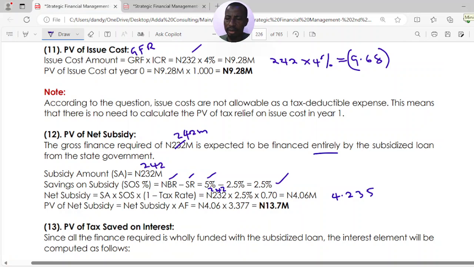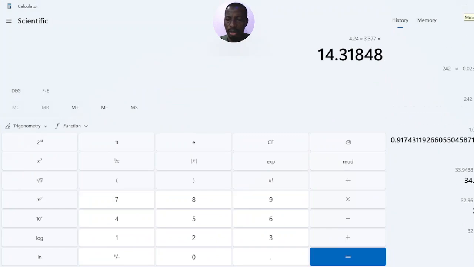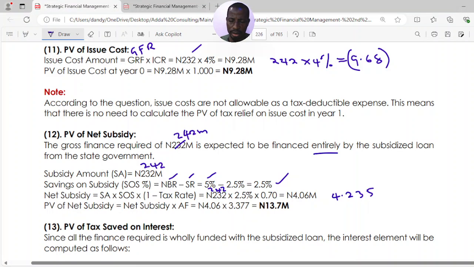Yes, 3.377. That equals 14.31, so rounding, just say 14.32. Here it is supposed to be 14.32. So that's what we are going to post for that one. This is the final answer, or simply put 14, rounding.